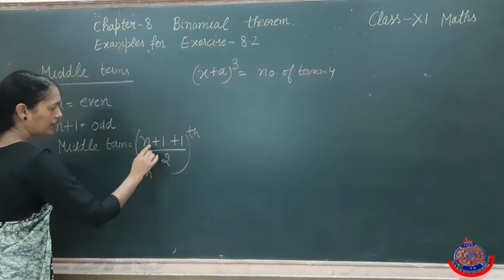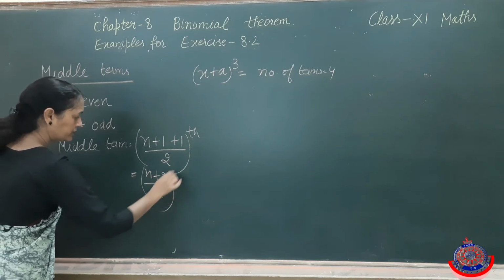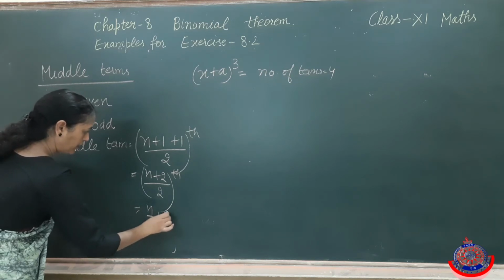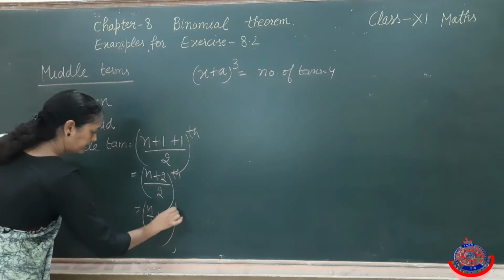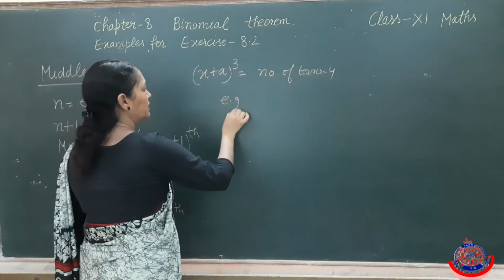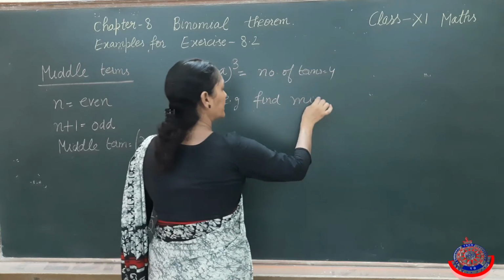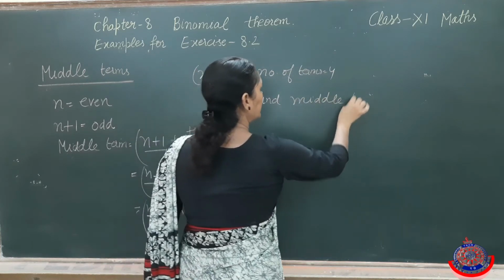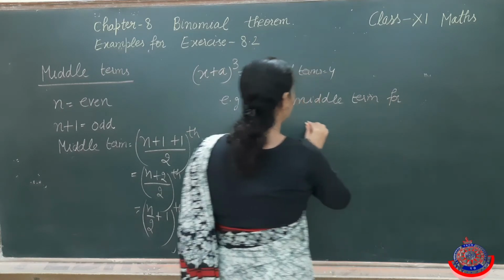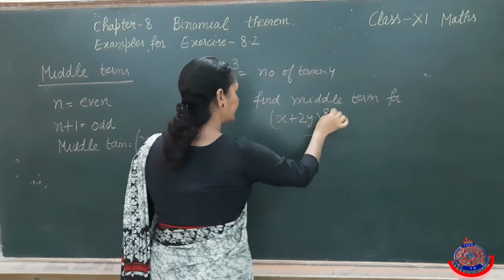Solving it, n upon 2 plus 1th term. For example, if they say find the middle term for (x plus 2y) power 8.